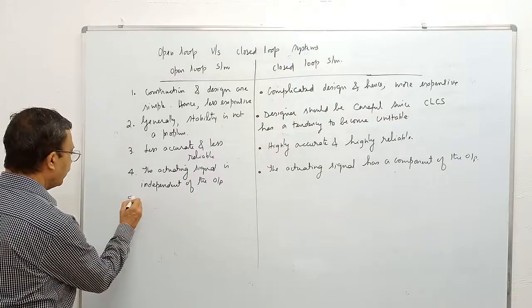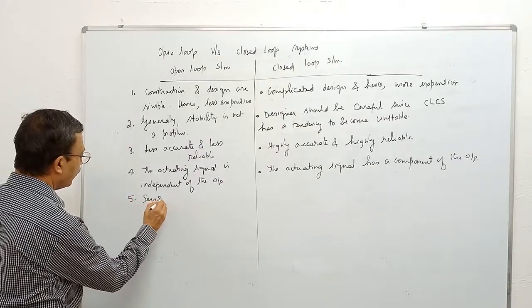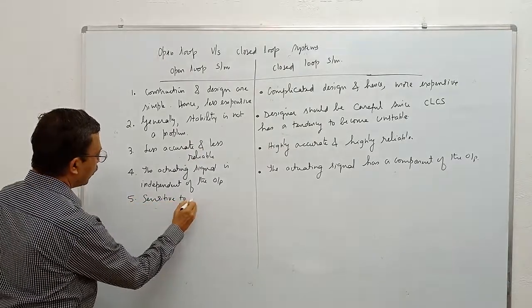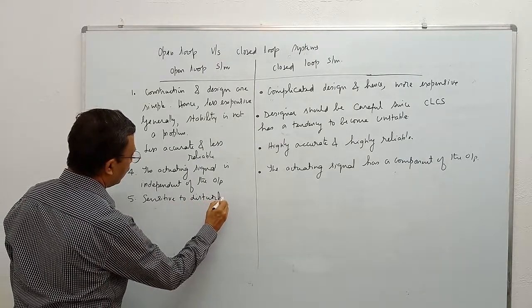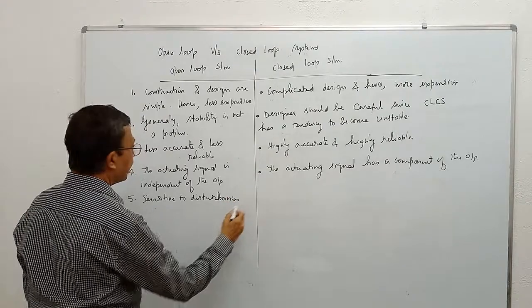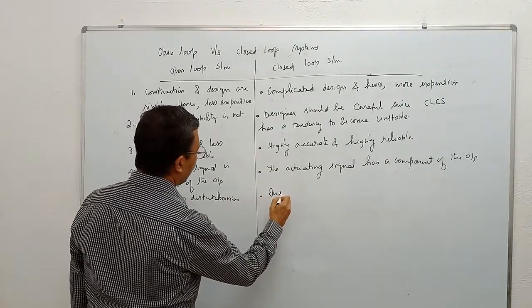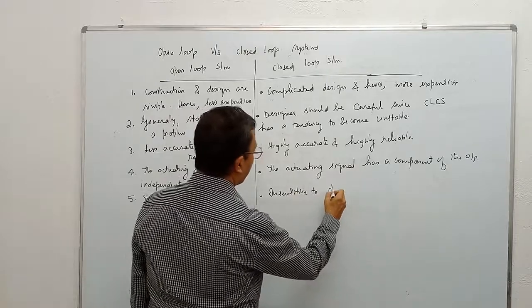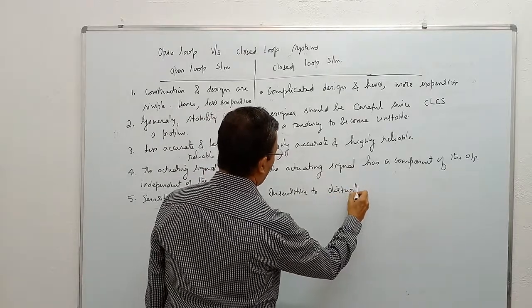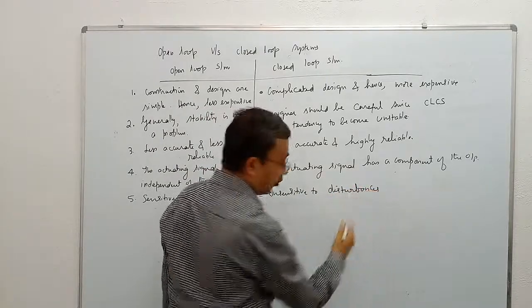Fifth point, open loop is sensitive to disturbances. Closed loop is insensitive to disturbances.